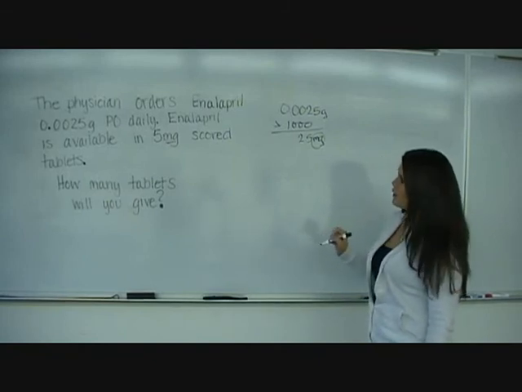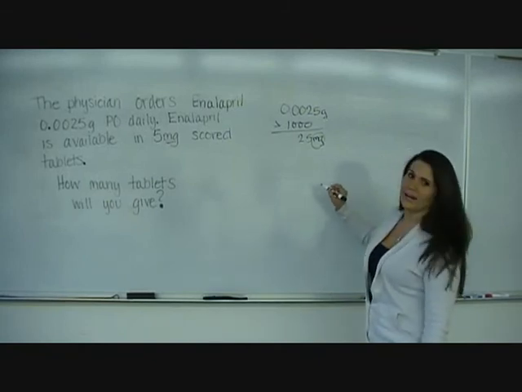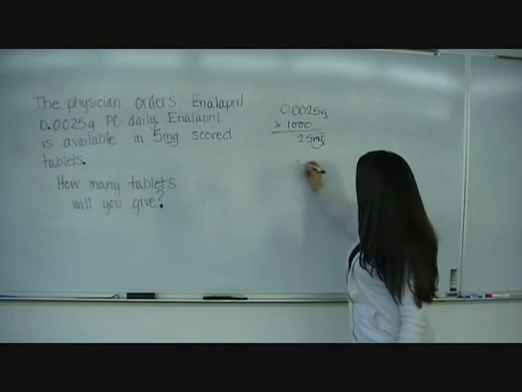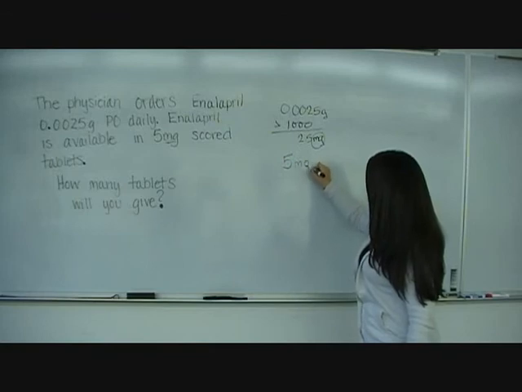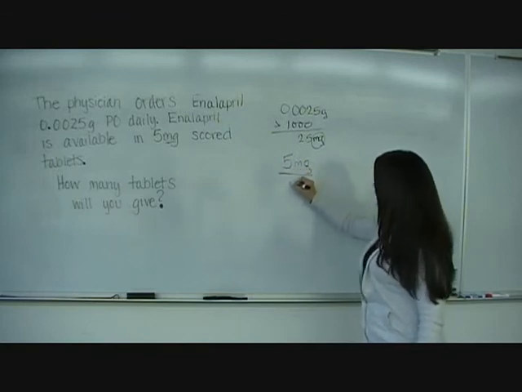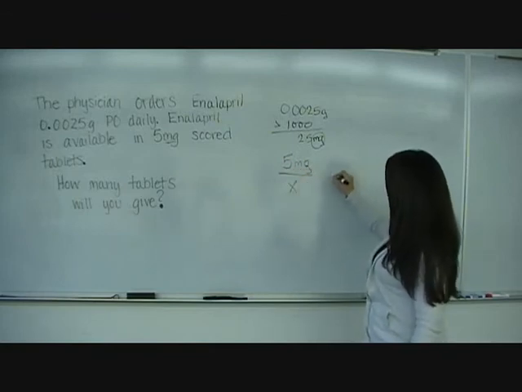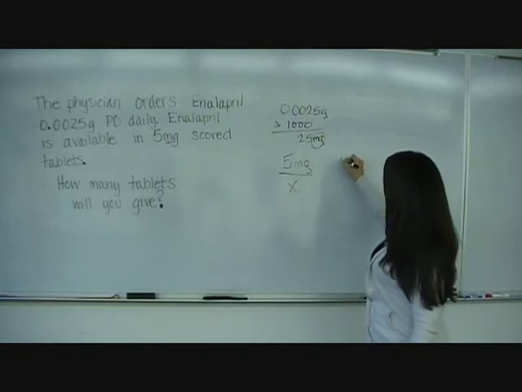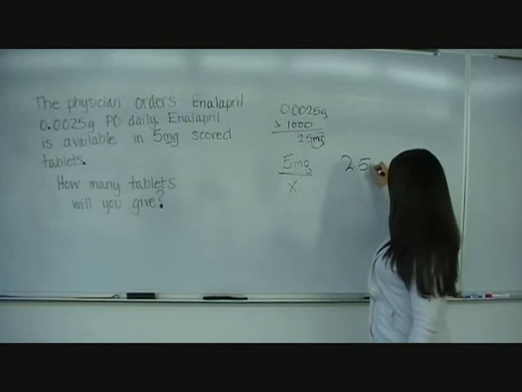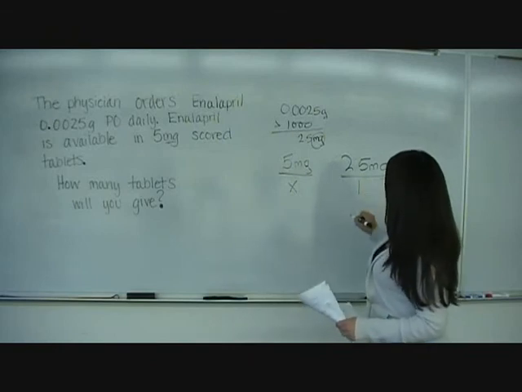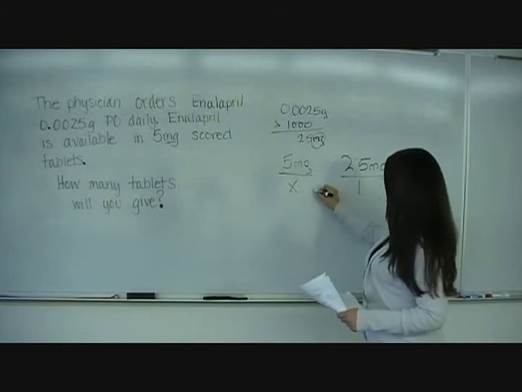So to solve the problem, you have 5 milligrams, and you need to know how many tablets you would take to get your physician's order of 2.5 milligrams. So now we just cross multiply.